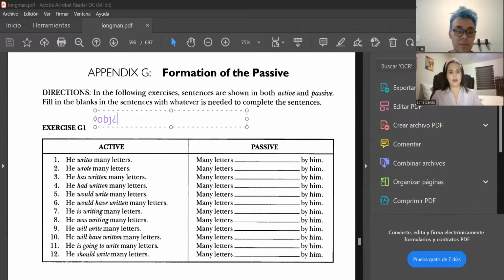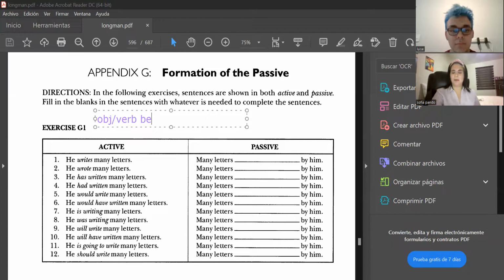And then we're gonna add the verb to be, and the verb to be has to be very simple. Basically, we're gonna be using the verb to be to indicate the tense of the sentence.